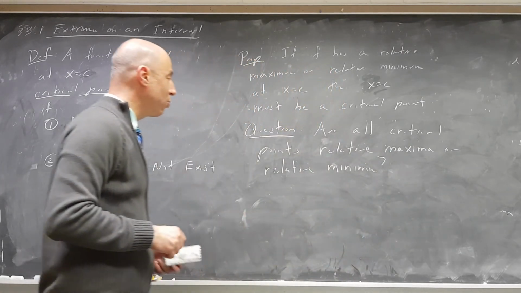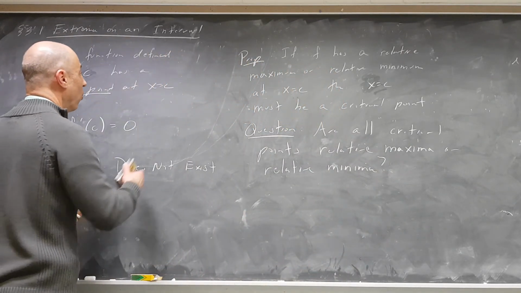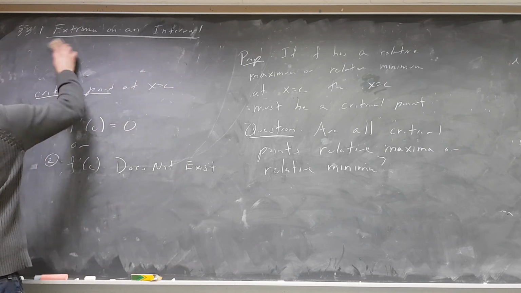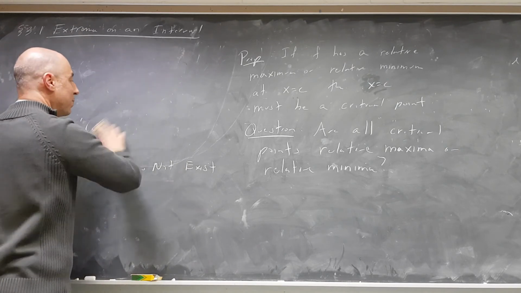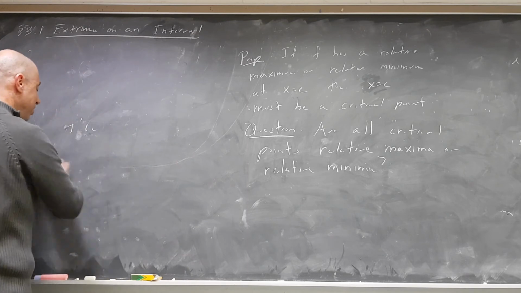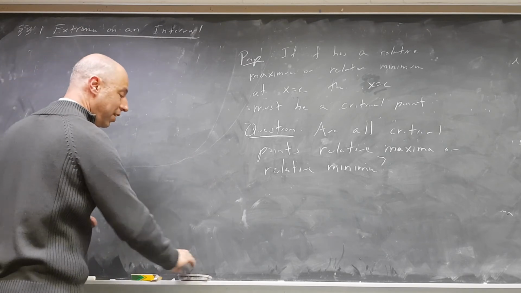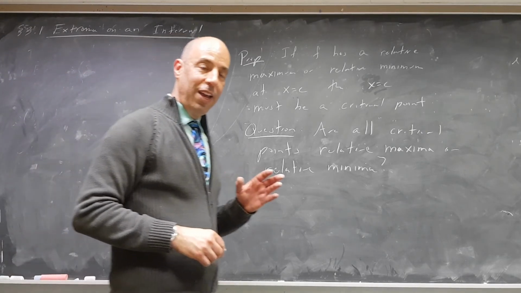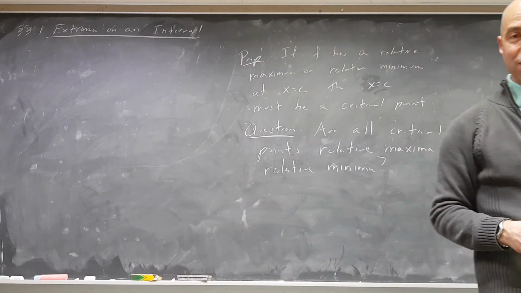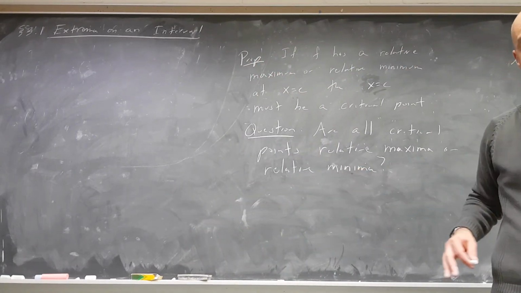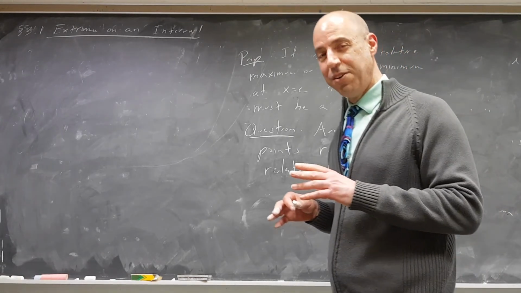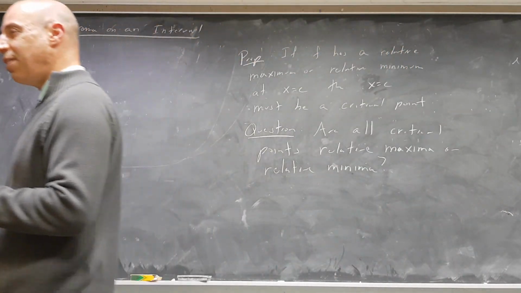Are all places where the derivative equals 0 or doesn't exist tops of hills or bottoms of valleys? Are they the highest place in their vicinity or the lowest place in the vicinity? If you are willing to do it, I'd ask you to pause right now and think it over for a second, because I think you can answer that question yourself.